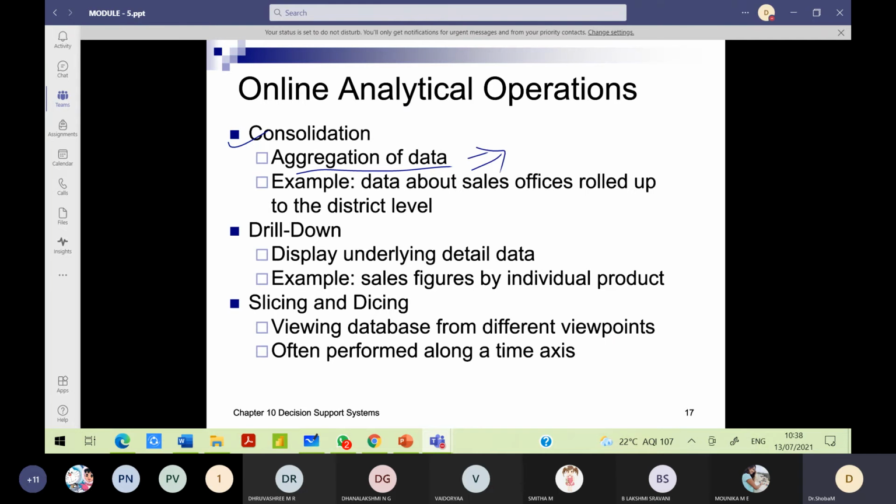If I ask you, tell me what is your aggregate in your engineering, what will you do? Students, answer my question. How will you find out the aggregate? Forget about CGPA, SGPA and all those things. If I want to know your aggregate, what will you do?